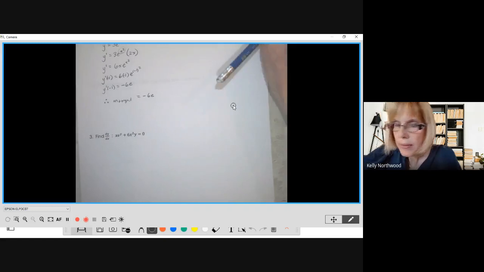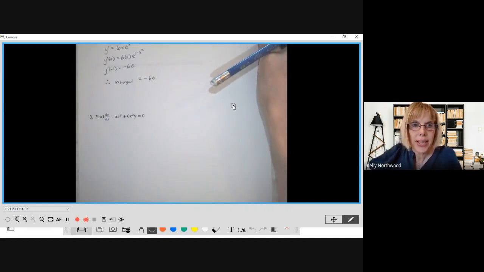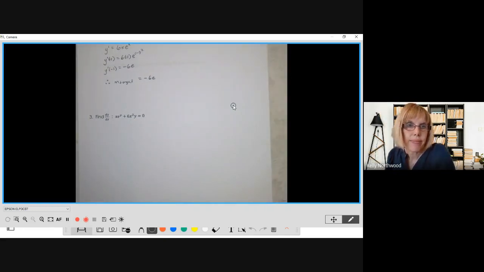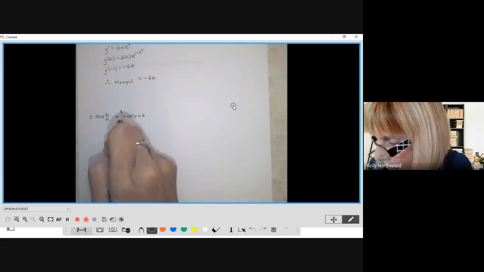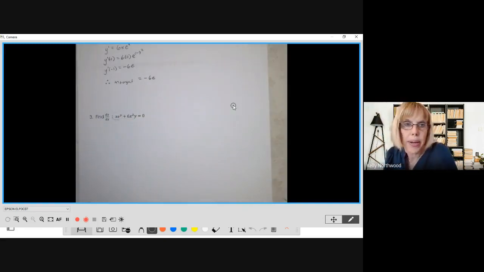All right, now we've got one where we're applying yesterday's stuff, implicit differentiation. Find dy by dx if x e to the y plus 6x squared y equals 0. Any suggestions? So if we just look at the first term here, does everyone see that that would be a product rule, a function of x times a function of y?